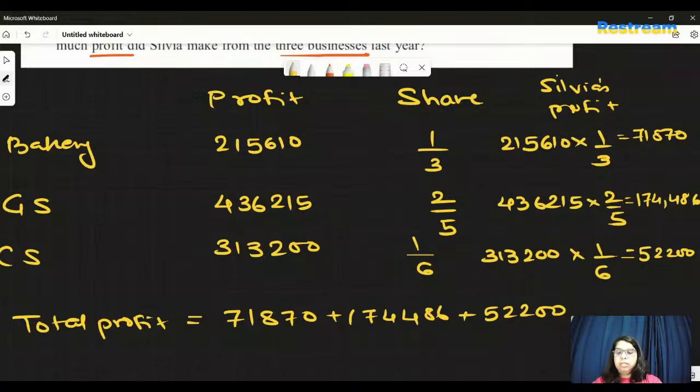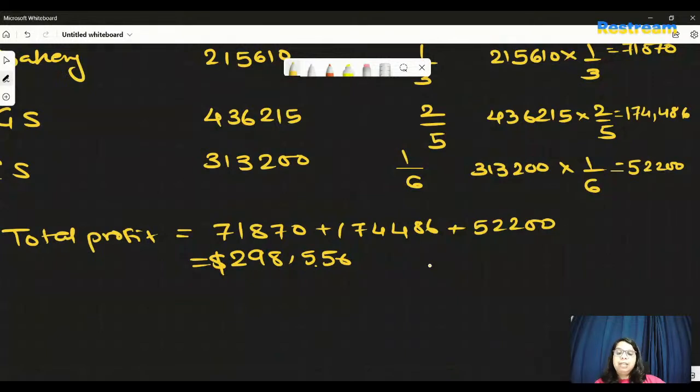Okay, the total is 298,556 dollars. Now, since we are on this topic, we'll just quickly revise our big number additions.